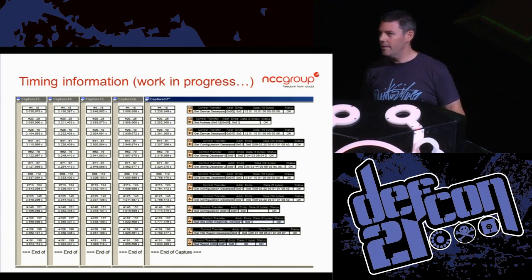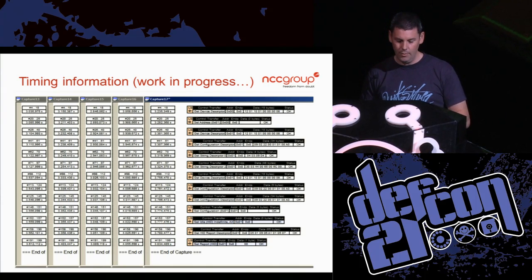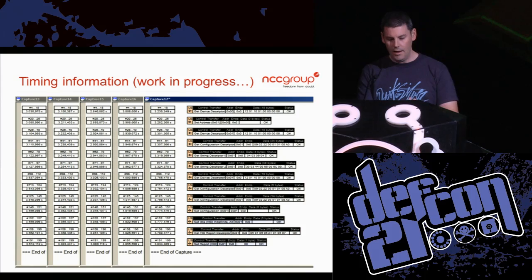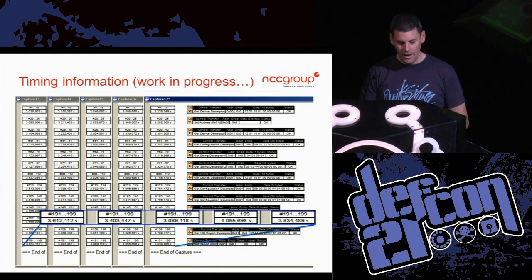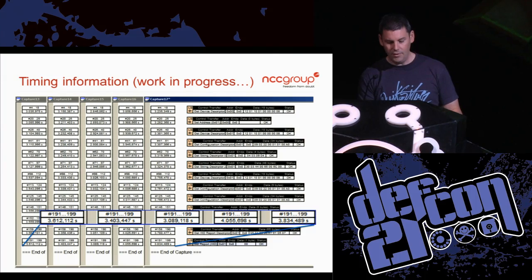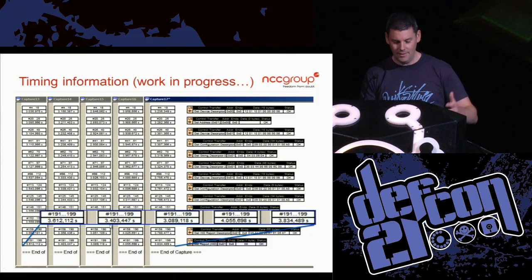Timing information. I talked about this microsecond timing capability with the Packet Master device. So I've got 5 different captures here of the same enumeration phase for the same device. If you look at the amount of time it takes to perform each enumeration, the times are wildly different when you're talking in microseconds. So there's a massive difference across the entire enumeration.